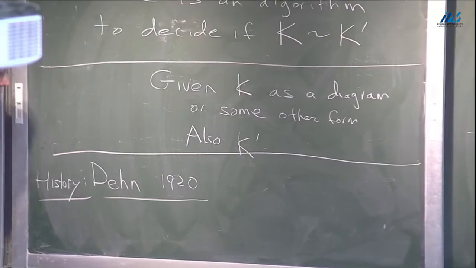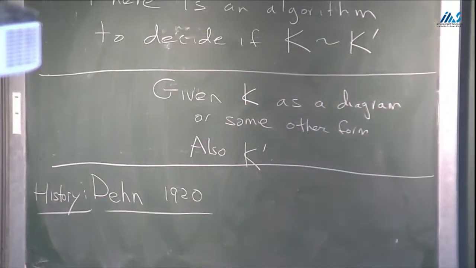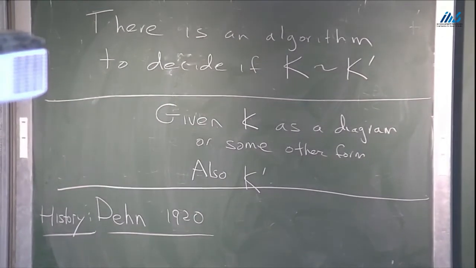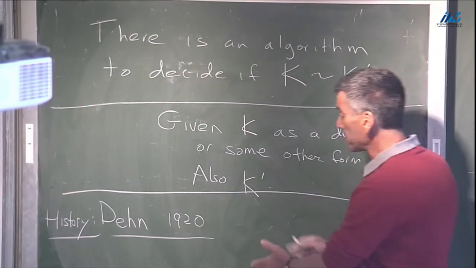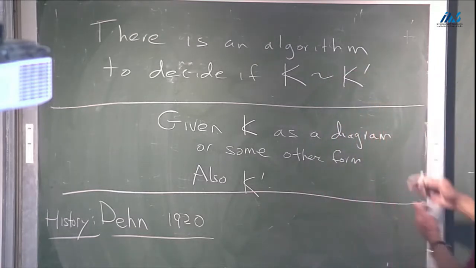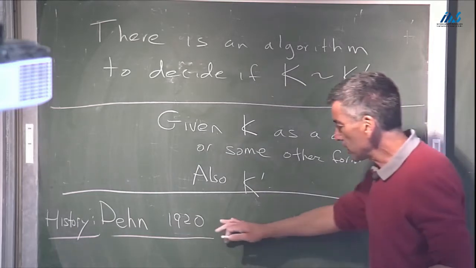Dehn formulated this problem, and it was one of the very earliest algorithmic problems of any type. He asked for a step-by-step procedure where you take as input 2 diagrams and decide whether they represent the same knot. And Dehn was a topologist and group theorist.